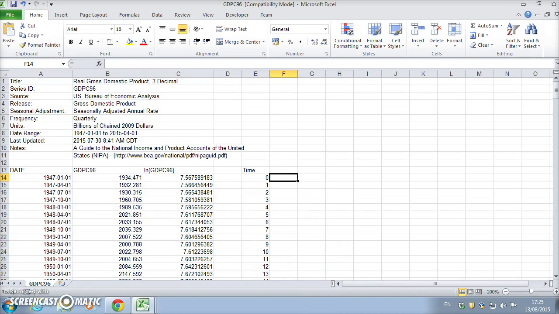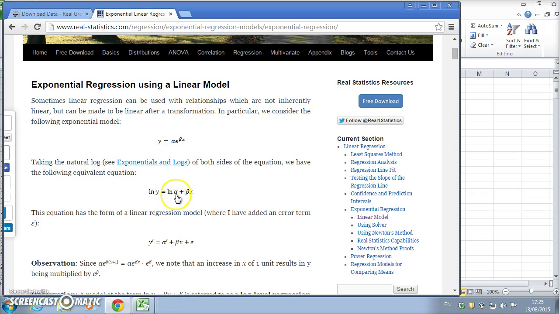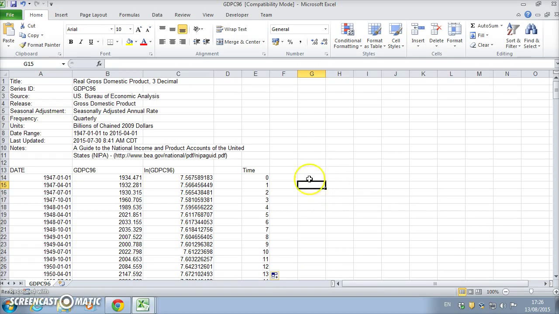Okay, so we have time, and then to estimate a regression, if we took that as our model, natural logarithm y equal to natural logarithm alpha plus beta x, then that would imply running the following regression.